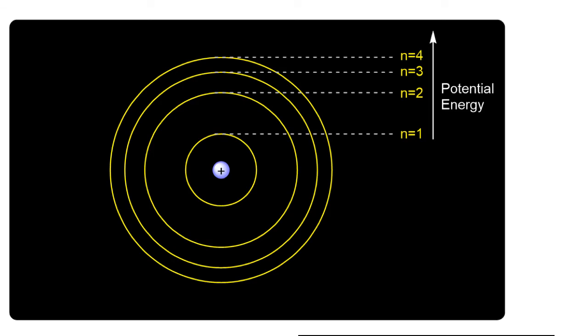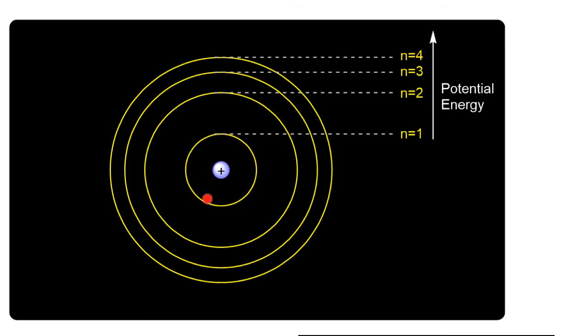And this is his model of the atom, where we have over here n is equal to 1, n is equal to 2, and so on. These represent discrete, what he called orbitals outside of the nucleus. And he imagined the electron simply traveling around in an orbit somewhat like a planet going around.